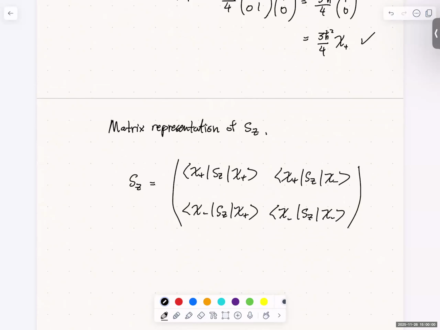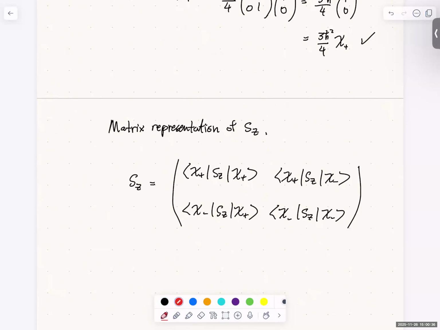It has an m value of plus a half. Sz acting on this state has an eigenvalue of h bar times m. So here, we're going to get plus a half times h bar. This one is going to be minus a half times h bar. It's just that this is going to vanish, and this one's going to vanish because these are orthogonal.